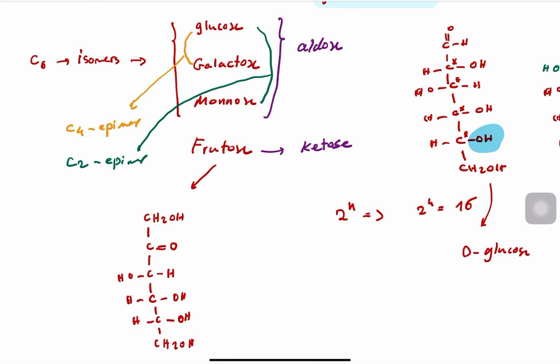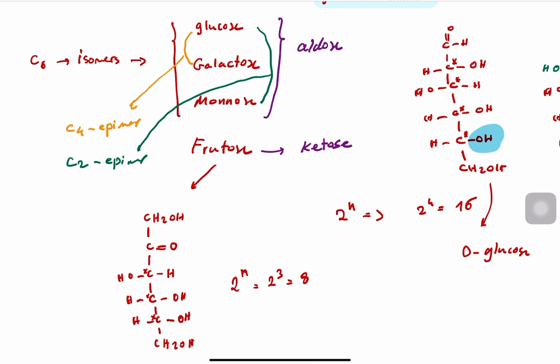As you see here, it is a ketose, and the number of the chiral center is 1 less than glucose. It has the 3 chiral center, then 2 power n is equal to 2 power 3. It is 8 optical isomers it has.